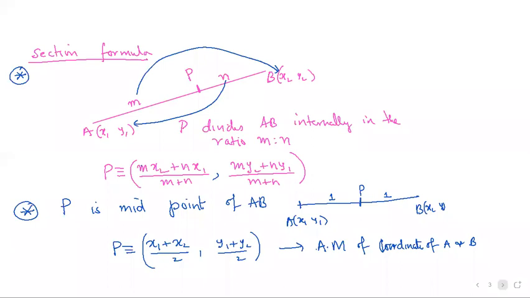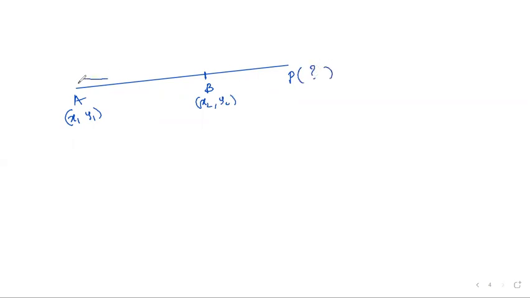Now we will check if the point is outside AB. That means A is here, B is here, and P is here. This is (x1, y1). This is (x2, y2). And the coordinate of P is what you have to calculate.